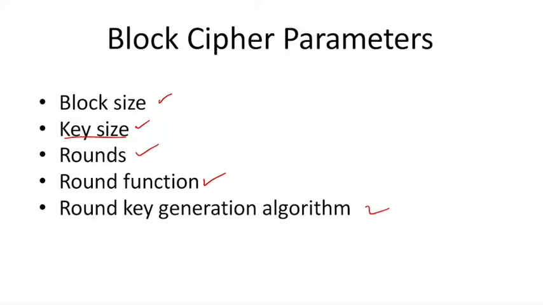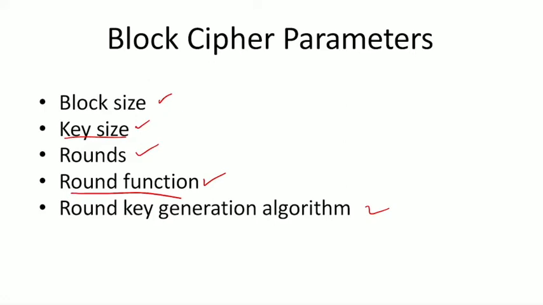Each block cipher also has a certain number of rounds, which defines how many times we are going to repeat a set of operations, namely substitution and permutation. Each round has a round function, which consists of the substitution and permutation steps, as well as how to incorporate the round key.